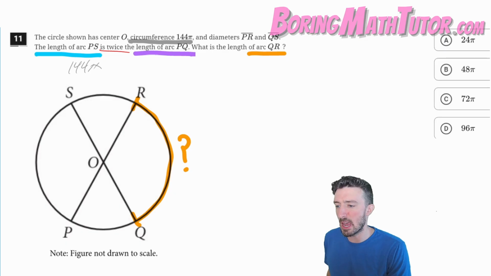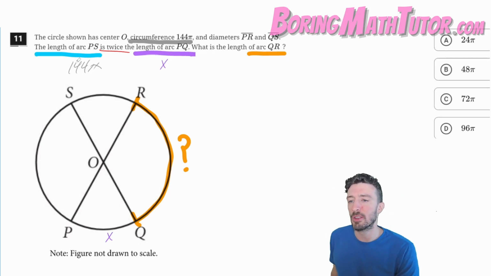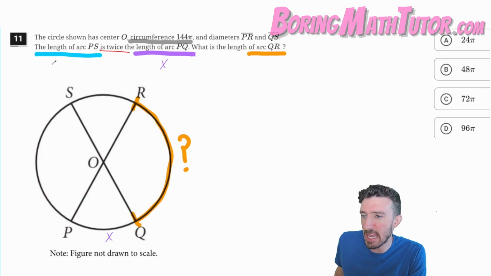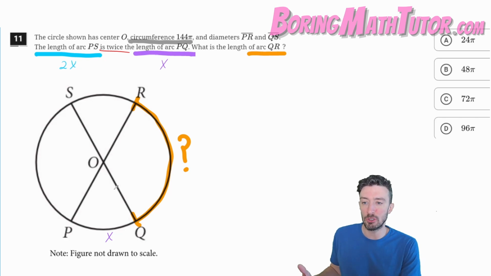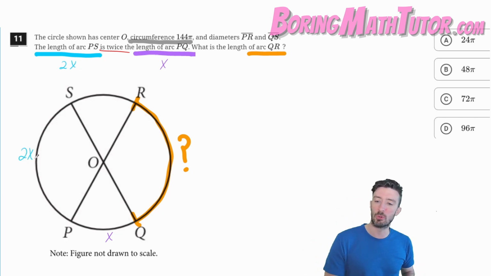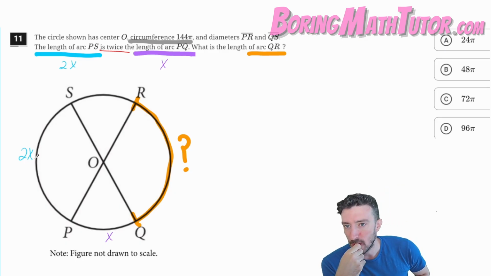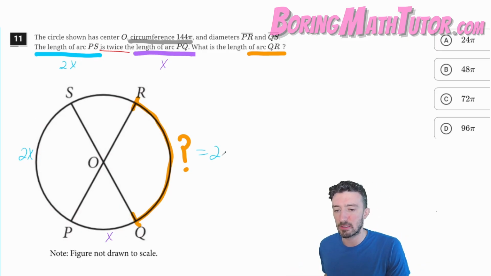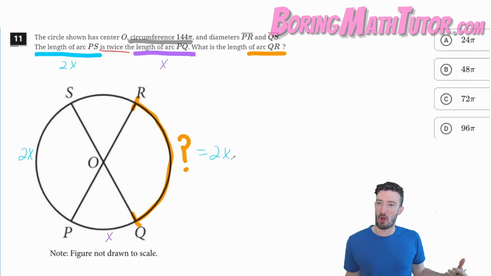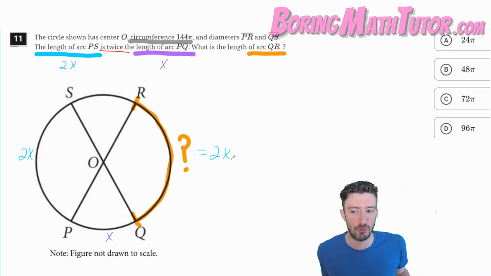So let's say I called PQ x, then the length of arc PS, well, if that's twice that, then that would be 2x. So I can put a 2x right there. Huh. Well, it looks like we've got some symmetry here. So if I had to take a good guess, I would say that this thing that they're asking about is also 2x. Indeed, that ends up being true.